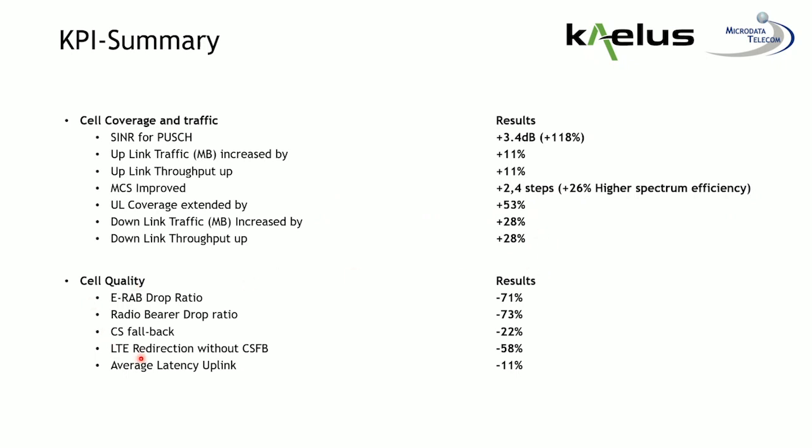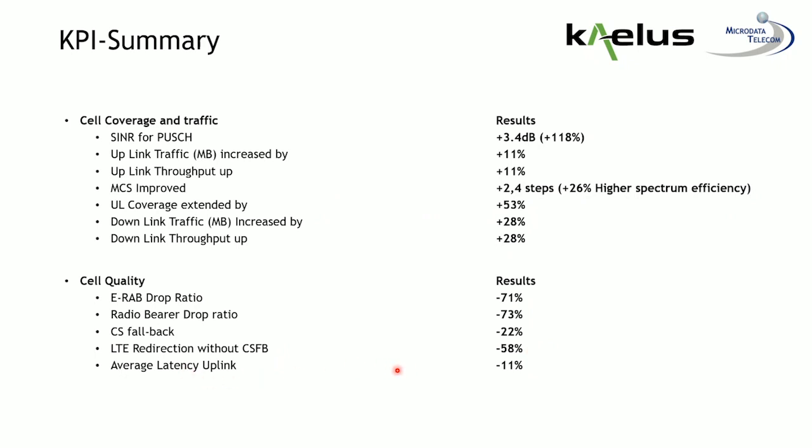If we now look at the quality figures, the drop ratio, ERAB drops down 71%, radio bearer drop ratio 73%, CS fallback, how well do you maintain your traffic on 4G instead of falling back to 3G? 22% less fallback. 58% less redirection without CS fallback.